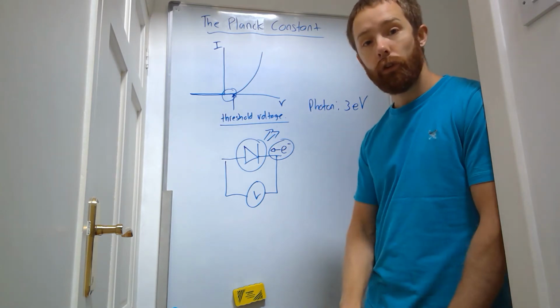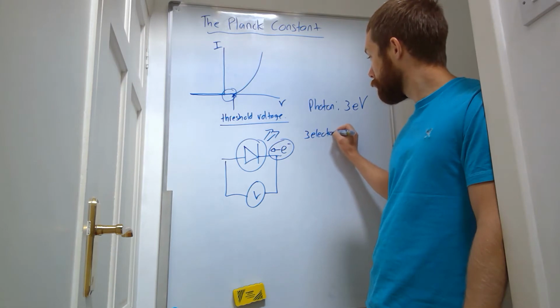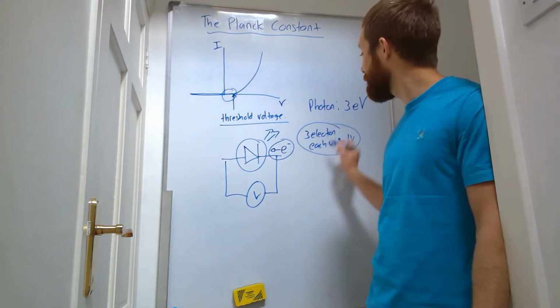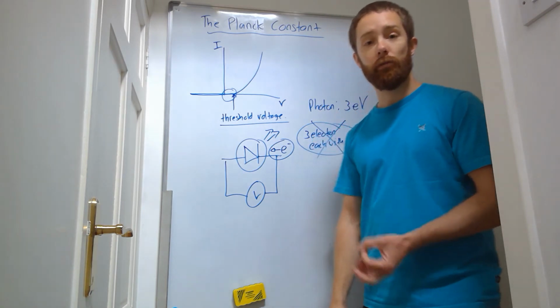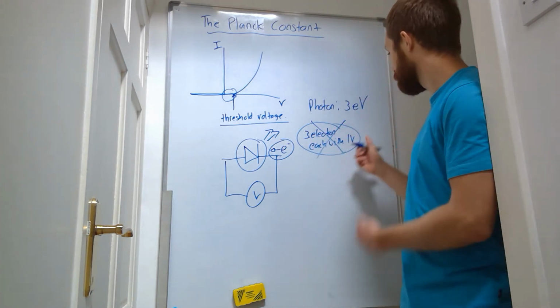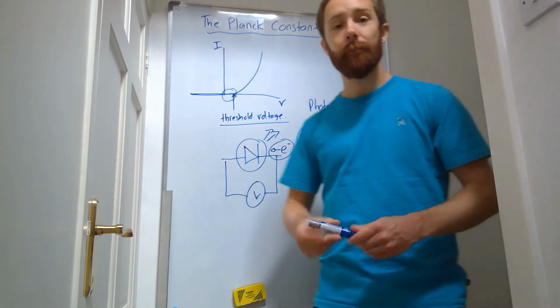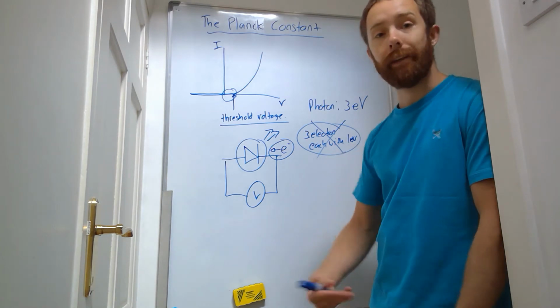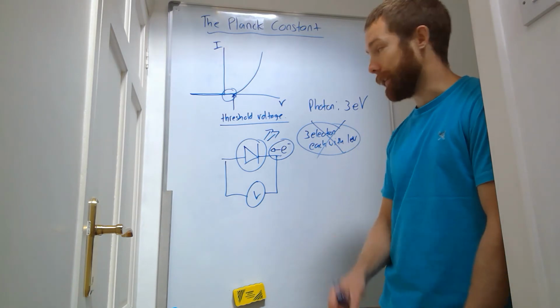What we cannot do is have 3 electrons each with 1 volt. This will not do the job, okay? We need each individual electron to have, I'll say electron volts here because we're talking about energy, enough energy to create that photon. Otherwise, nothing is going to happen. And that is the key idea here.